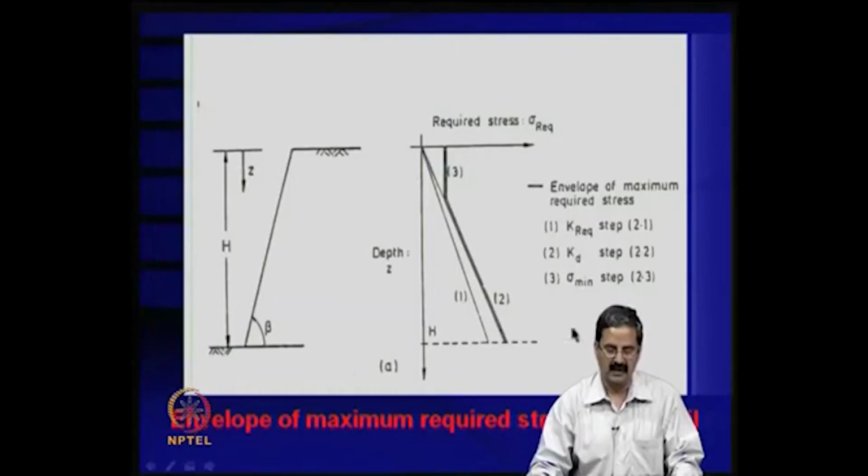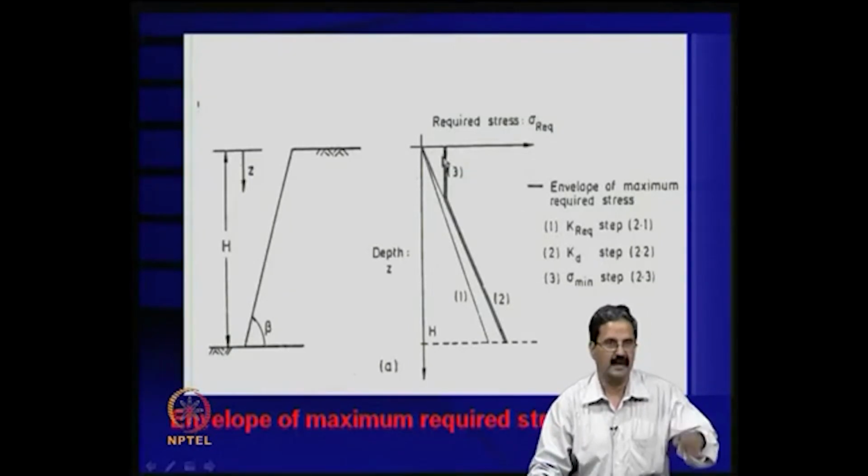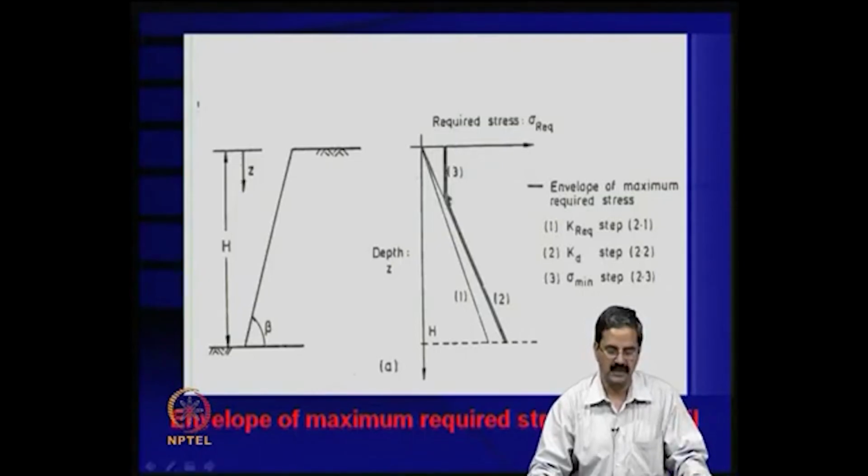Actually we do not really compact heavily, we use simple compaction equipment like hand-held equipment, we just do some compaction here, and whatever compaction stress is induced, to resist that compaction stress you should have a reinforcement. Okay.